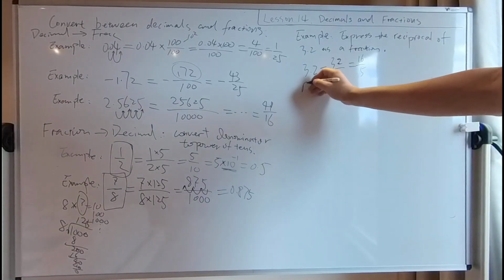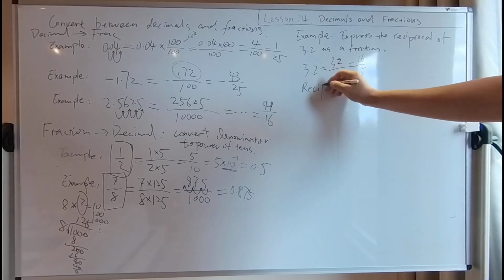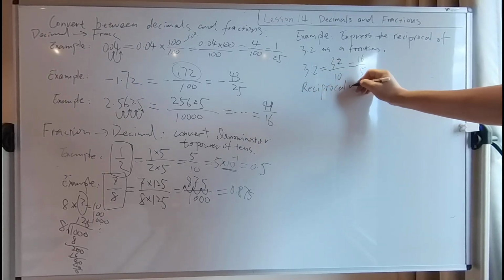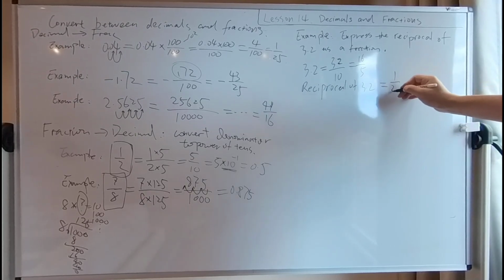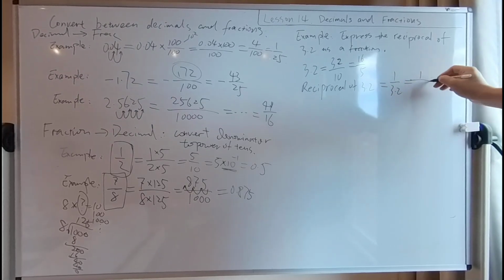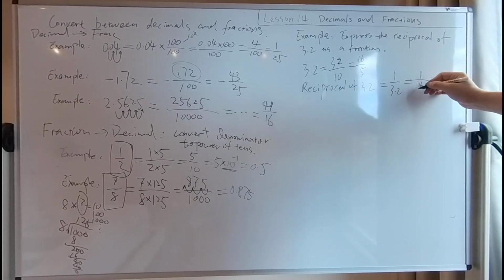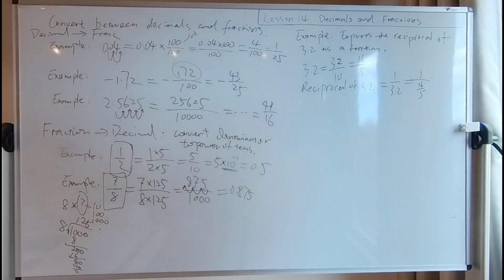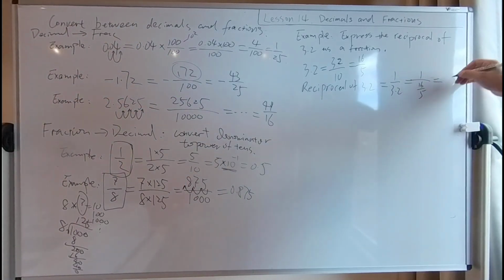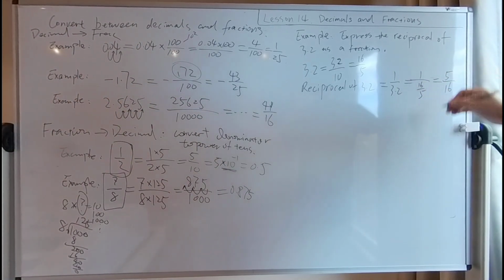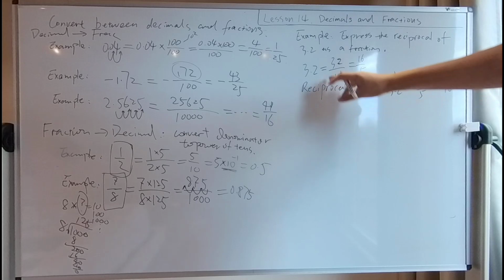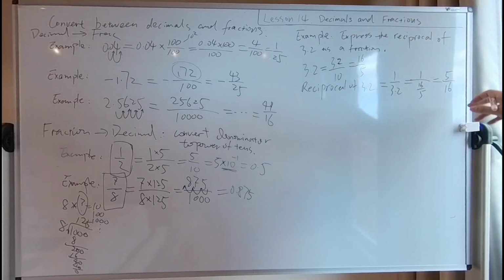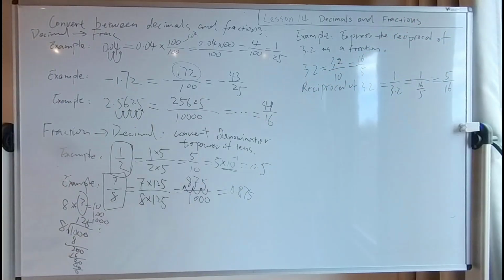So then the reciprocal of 3.2 would be 1 over 3.2, that is 1 over its fraction form, and this is really just 5 over 16, right? I'm just writing this out explicitly, but simply speaking, the reciprocal of this number is just flipping it over, so it becomes 5 over 16.